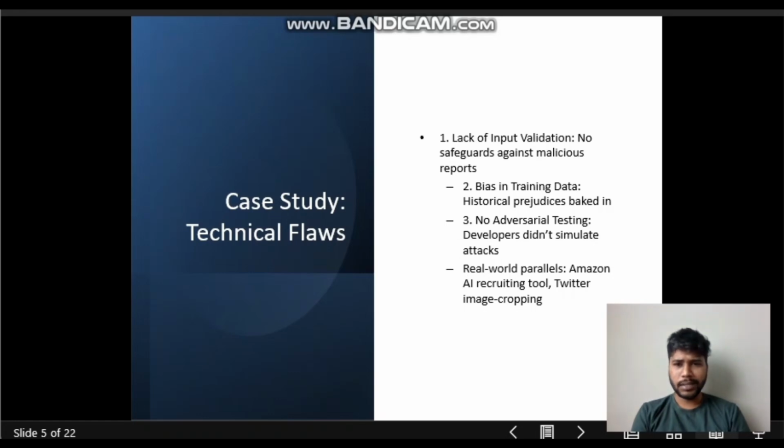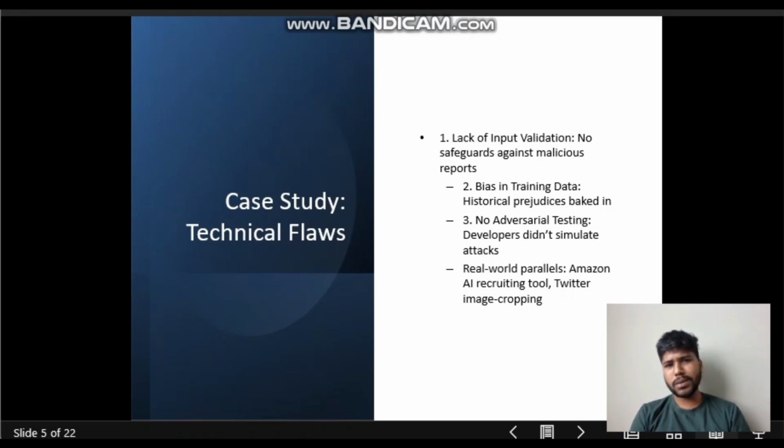Bias in training data means the system was trained on historical data reflecting societal prejudice, for example labeling LGBTQ plus content as inappropriate. In the third case, the developers did not simulate attacks during development to identify the vulnerabilities. That was the flaw.